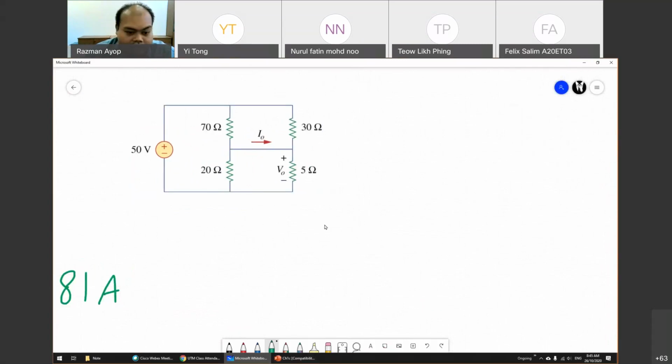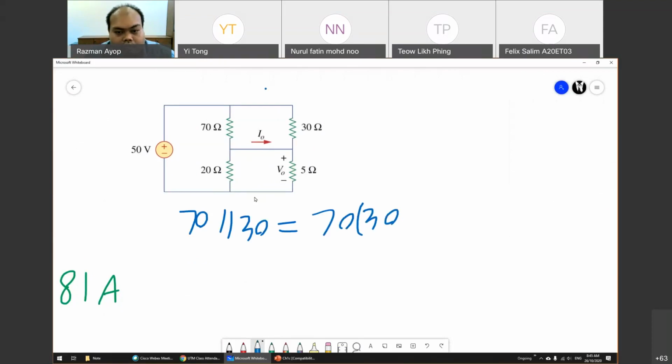So first you have to use the parallel formula I mentioned last week. 70 parallel with 30: 70 plus 30.